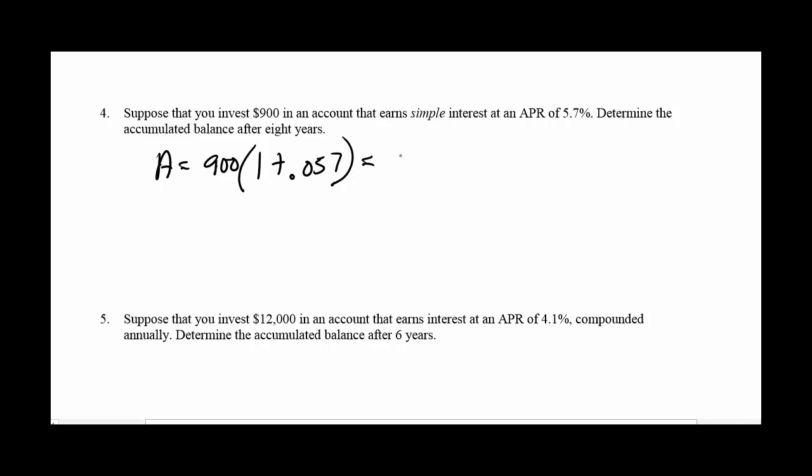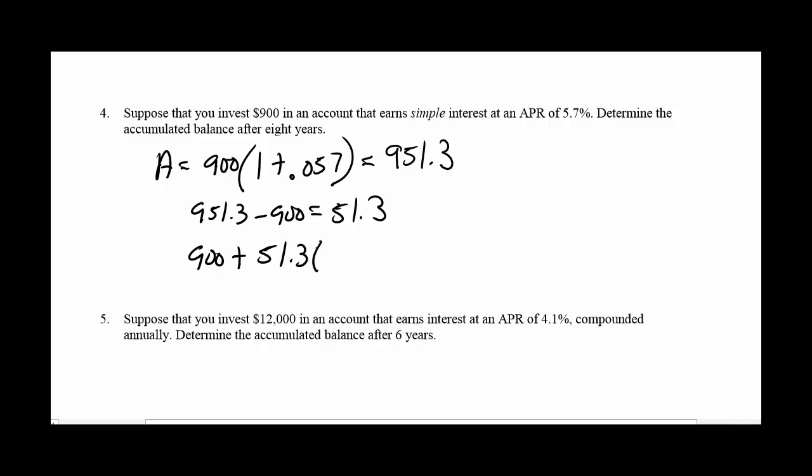Okay, so at the end of the first year we have 951.3. Now, if this was compounding, we would use the 951.3 for the second year, but we don't. We just recognize that in any given year, you're going to get $51.3 in interest. So then to calculate what happens at the end of 8 years, it's going to be 900, the original balance, plus that constant interest we get each year times 8.